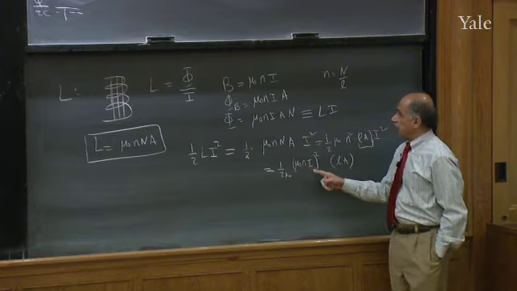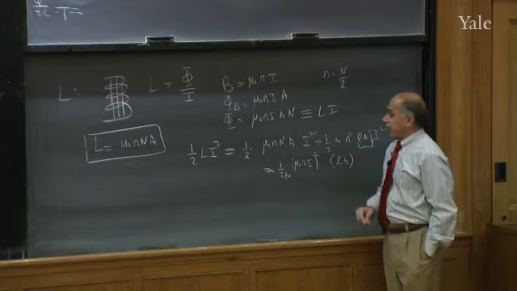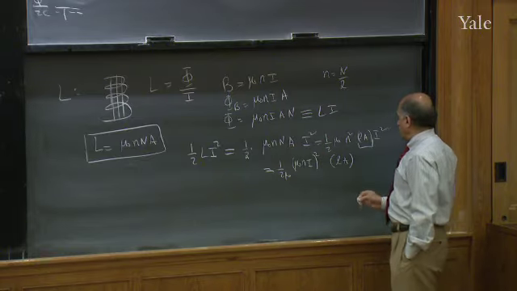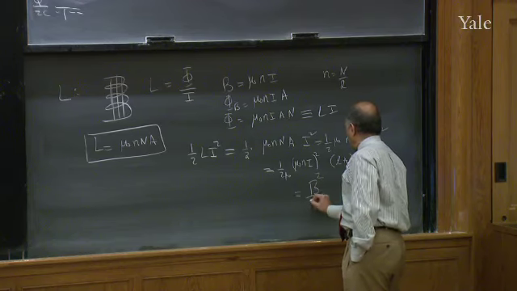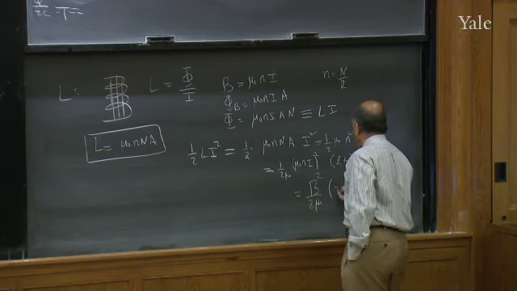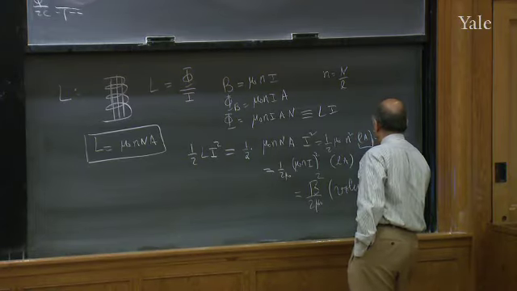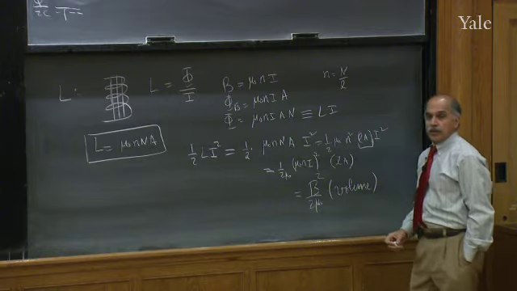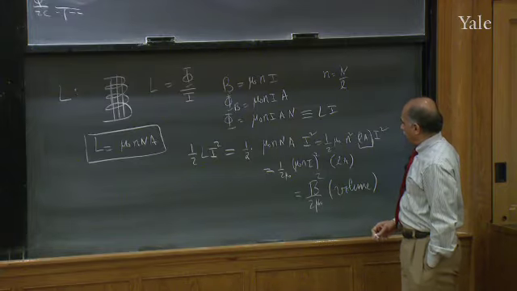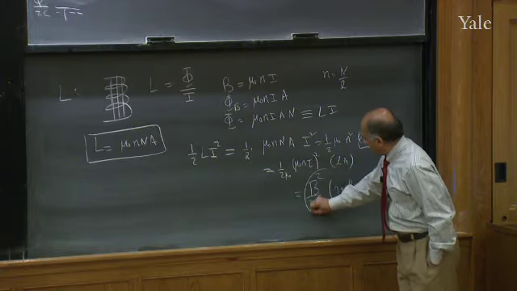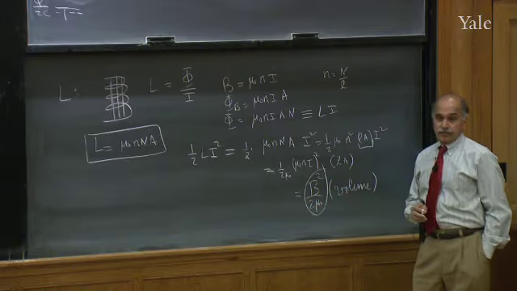But who is mu 0 n I? Mu 0 n I is a magnetic field. So this looks like B squared over 2 mu 0 times the volume of the solenoid. From that we learn that when you have a magnetic field, the energy is B squared over 2 mu 0 per volume.